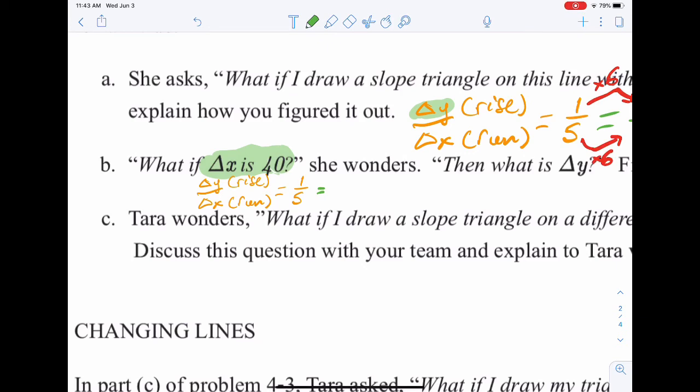Which one is the change in x? The top, the rise, or the bottom, the run? That's right, it's the bottom. So if the change in x is 40, what is the change in y? Again, if you haven't finished this one, hit pause and apply what we did in the previous problem to find the change in y.